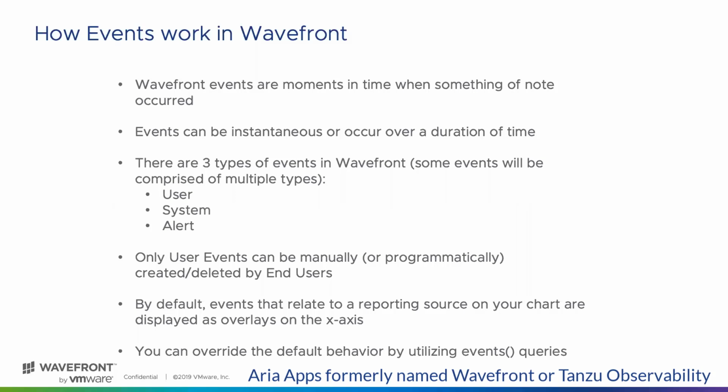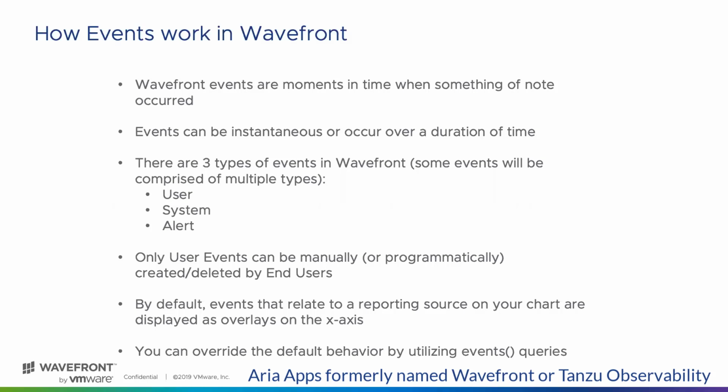But the caveat I'll mention is that Wavefront's eventing engine is not super high scale in the way that its metrics engine is. So we talk about how you can ingest millions of metric data points per second if you wish to. But with events, it's a soft limit, and we can increase it a little bit if needed.